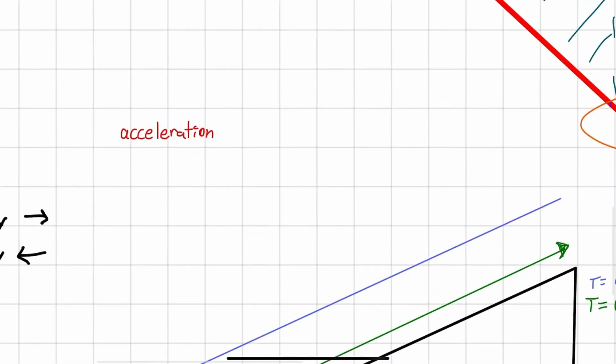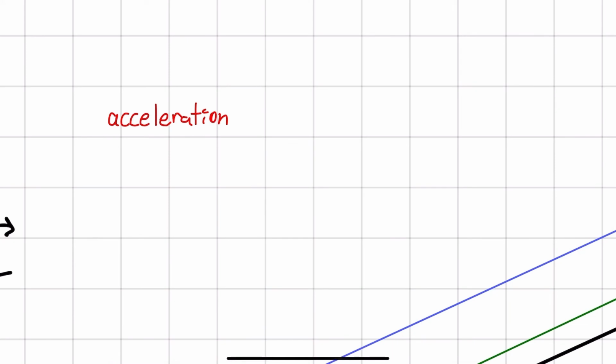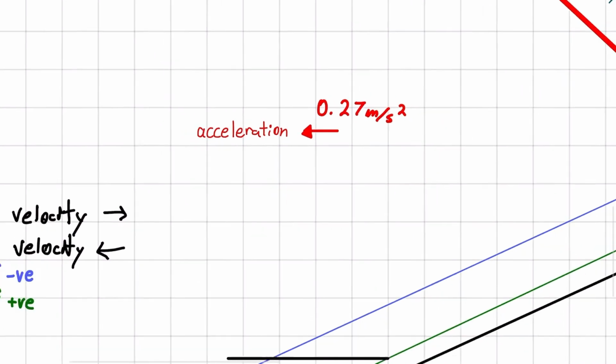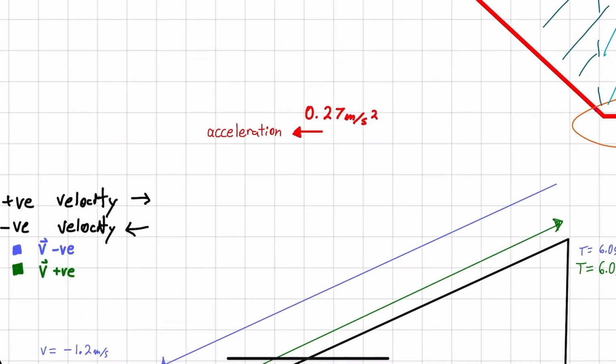And that is correct, because we do have a negative acceleration. You could also call it a deceleration or a negative acceleration. They're the same thing. You would be correct in saying that our ball is decelerating or accelerating to the left 0.27 meters per second squared.